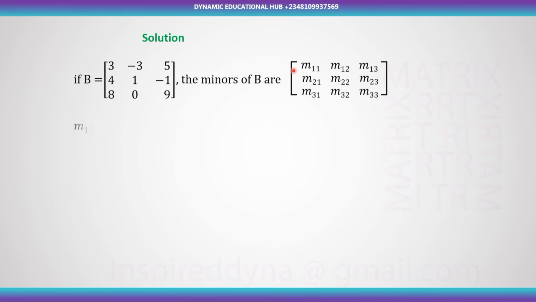To find those minors, let's start deleting and finding the first one. We delete the first row and the first column.